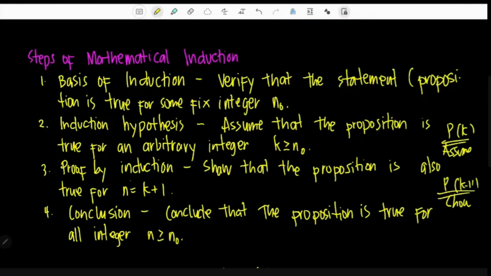So once you were able to show that P of k plus 1 is also true, then you can conclude that the proposition is true for all integers n greater than or equal to n sub 0. Where do you start? Our starting point is n sub 0. So that means the induction step proved that the proposition is valid from that starting point n sub 0, so for all n greater than or equal to n sub 0.